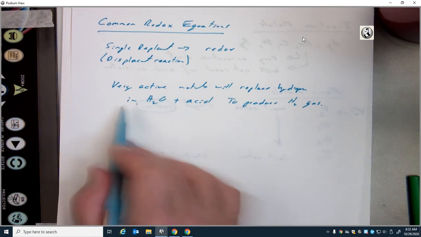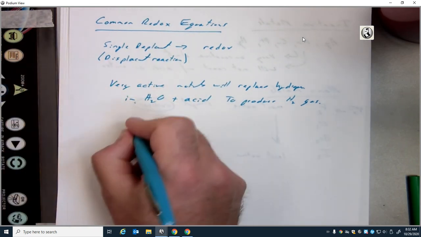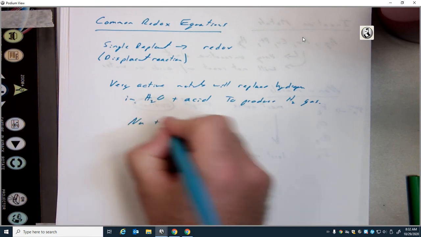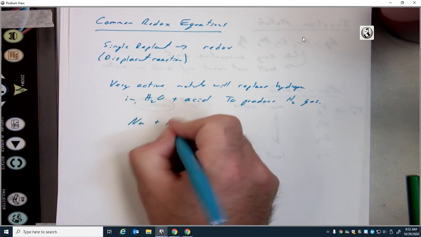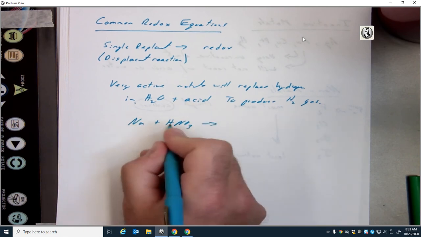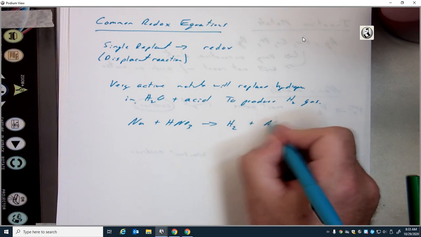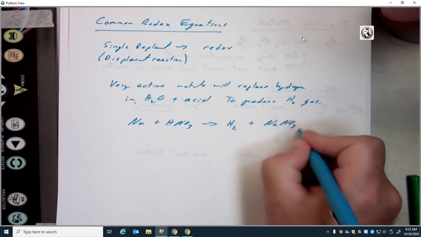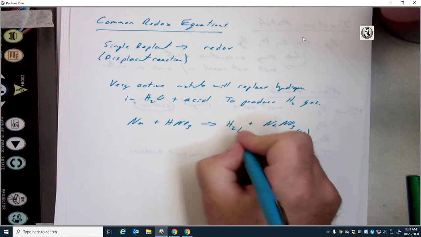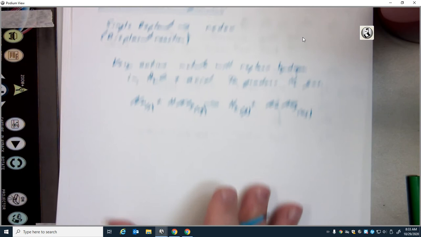This happens automatically, and it's a redox reaction. So you have Na, which is a very active metal, and nitric acid, HNO3. The sodium is going to replace this hydrogen to produce hydrogen gas and NaNO3, aqueous.